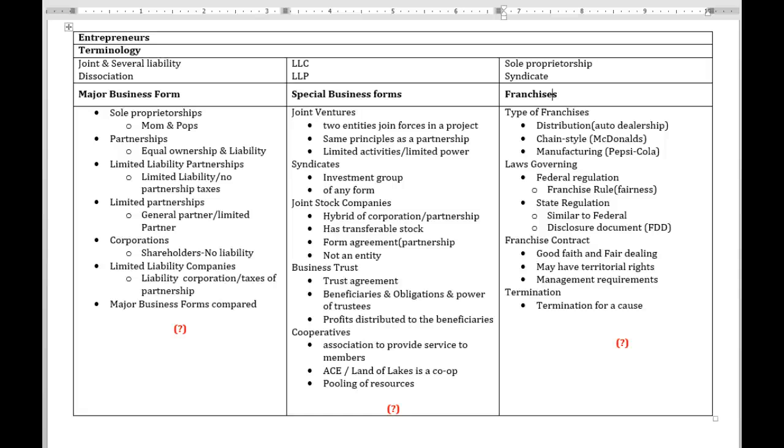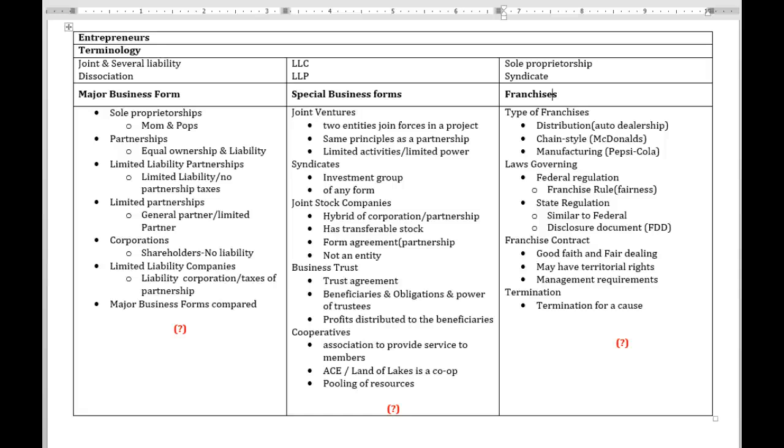There are many laws governing franchises because they're becoming so prolific. There's actually federal regulations, and there's a franchise rule that talks about fairness and openness, or transparency, when you're developing the agreement.